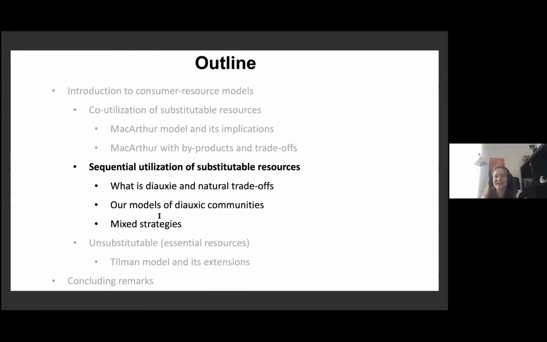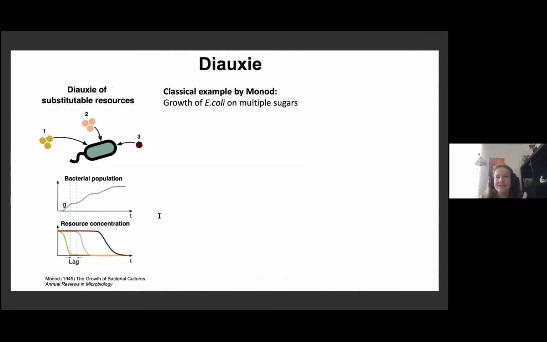Okay, with that, let's move to the second type of the resource utilization strategy, which is sequential utilization. This sequential utilization is typically called diauxy, or multi- or polyauxy if you have many resources.